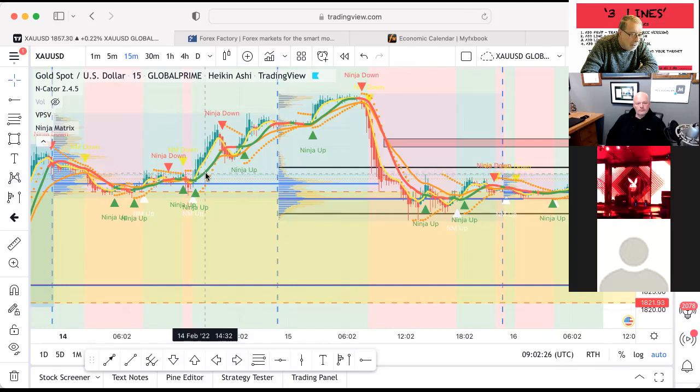The 13 is actually hiding the 20 at that point. But the fact that the 5 MA is separating from the 13 MA is a good move as far as I'm concerned. We've also got a PSAR below, which is something else that I check for. You would expect that once you get the Ninja up that the PSAR would also have changed, but not in 100% of cases.